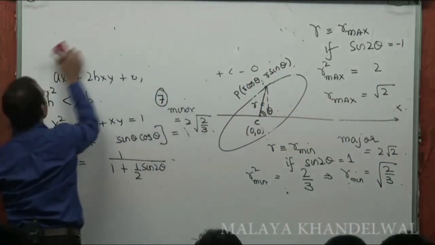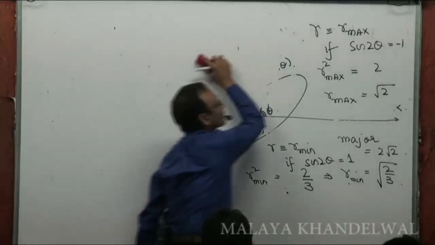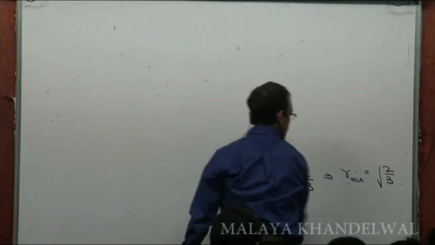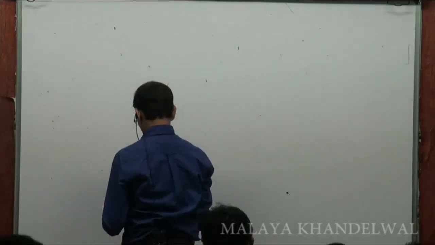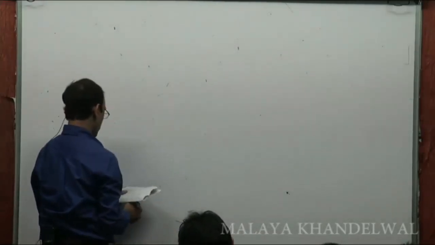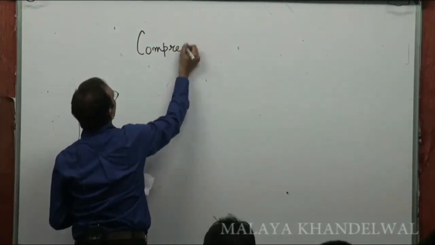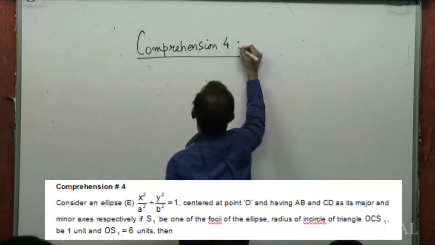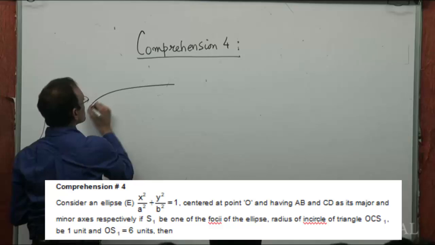Okay, let's look at comprehension 4. There is an ellipse.